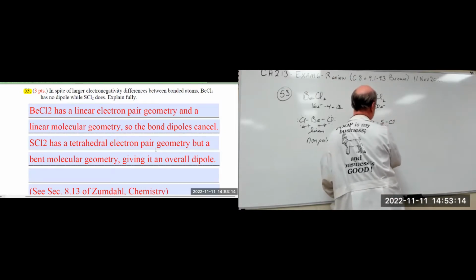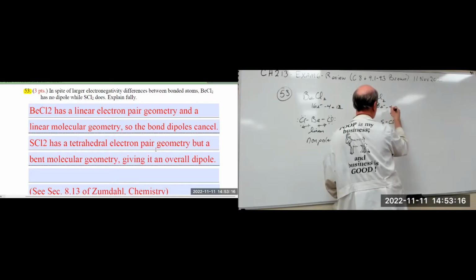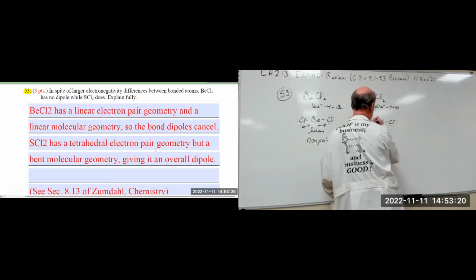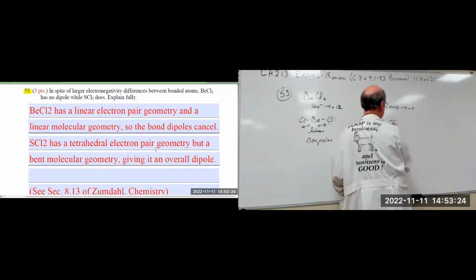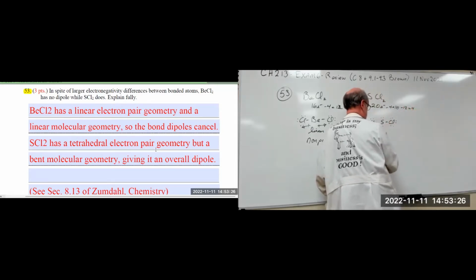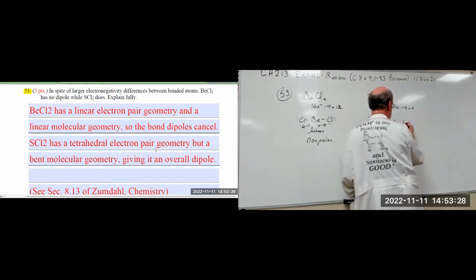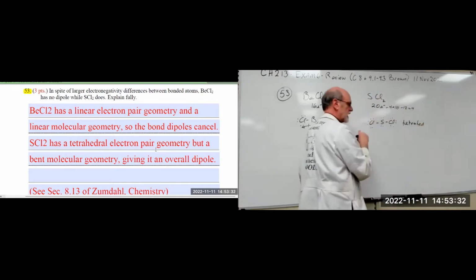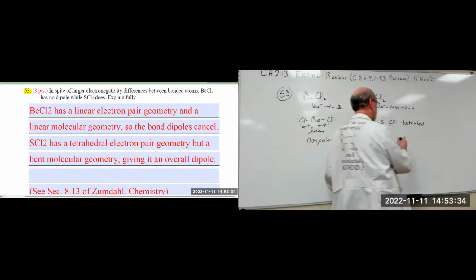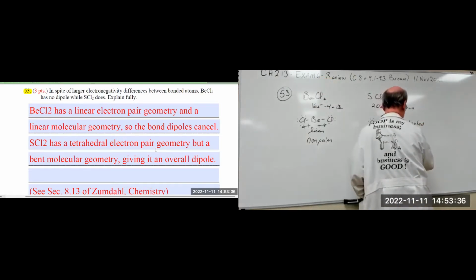So we have 2, 4, 16, then 2, 4, 6, 8, 10, 12, equals 4. This is going to be a tetrahedral electronic structure or a bent molecular structure.